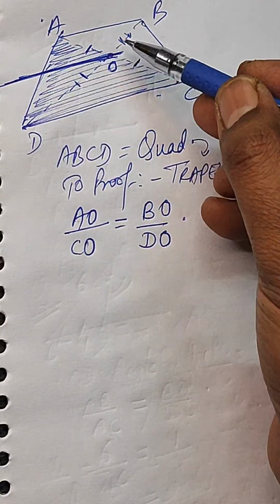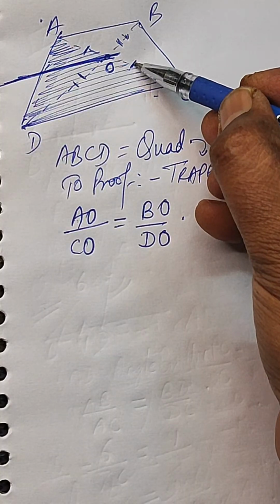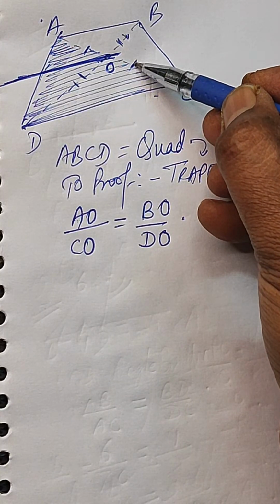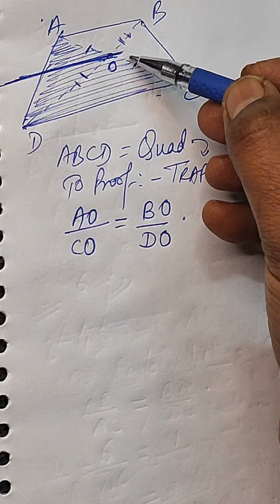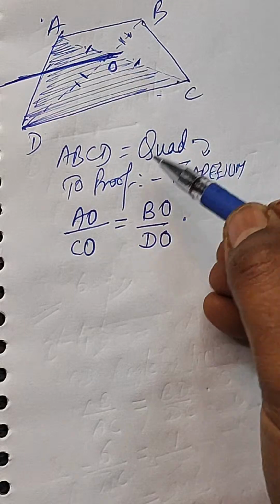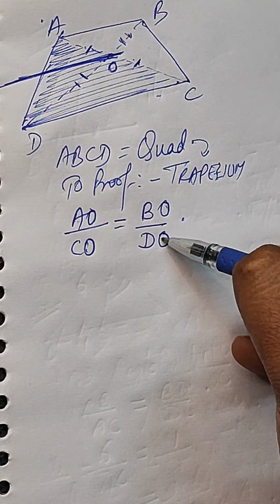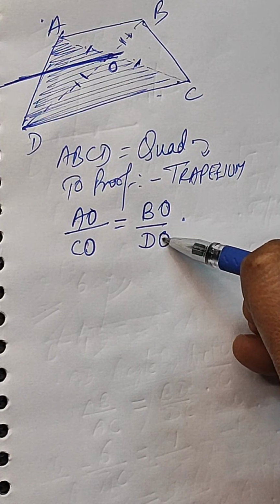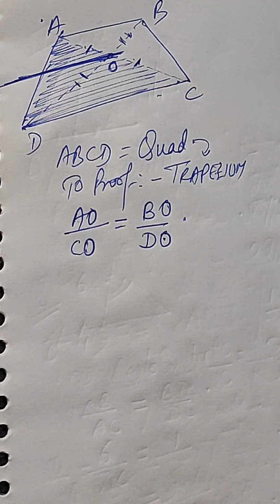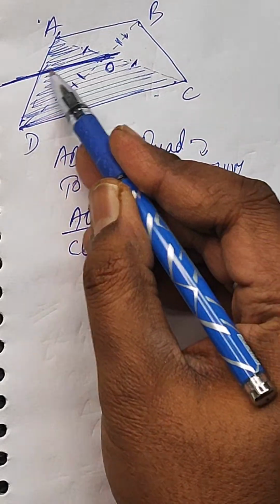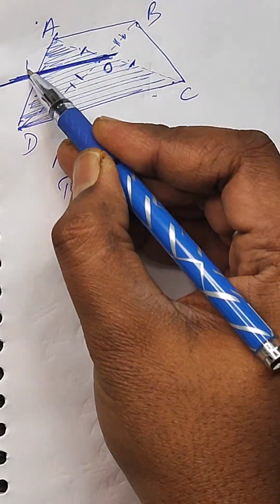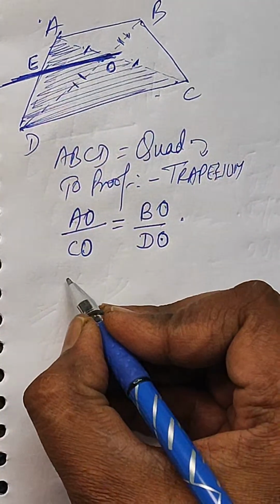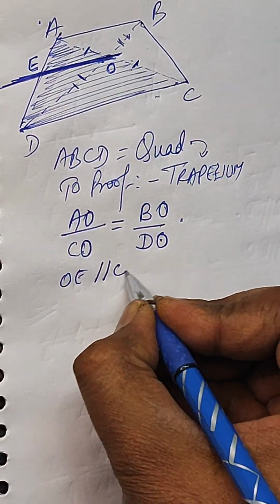It is given that the diagonals of the quadrilateral divide each other proportionally, that means the ratio AO by CO is equal to BO by DO. Now into this question we have done the construction, we drew OE parallel to CD.